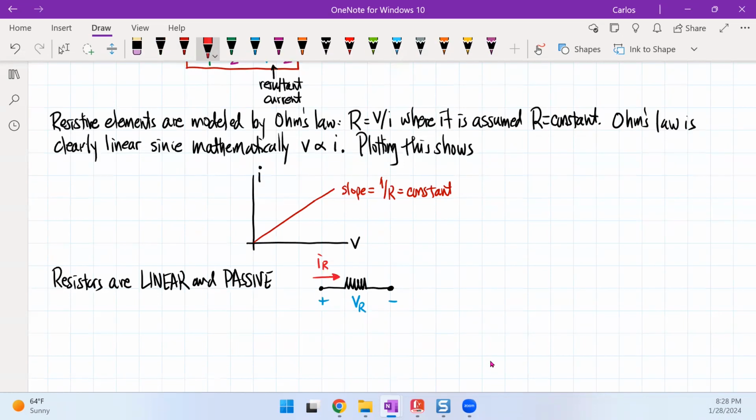If it follows the sign convention, Ohm's law shows that V, the voltage across the resistor, is R times I, and the power of the resistor, by definition, is the voltage times the current, but through Ohm's law, we can rewrite this to read either in terms of voltage or current.